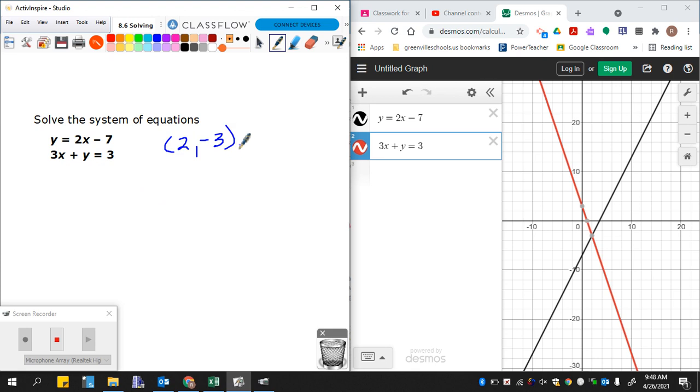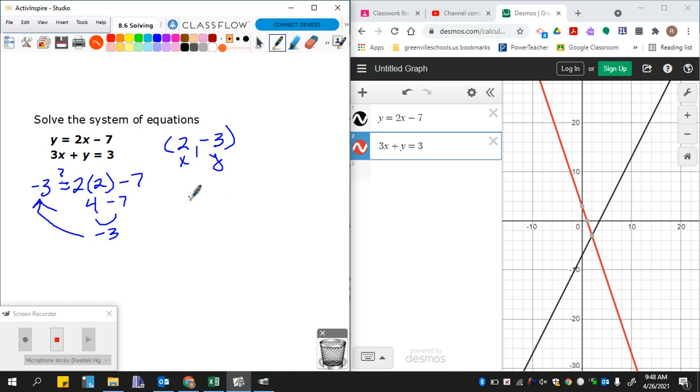And if we plug it in, remember this is the x, this is the y. Negative 3, is that equal to 2 times 2 minus 7? 2 times 2 is 4, minus 7 is negative 3. And so that is the same.